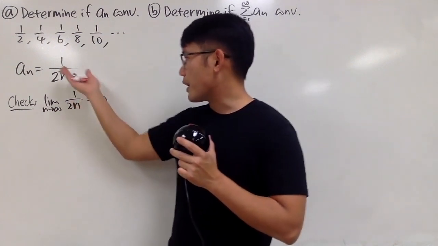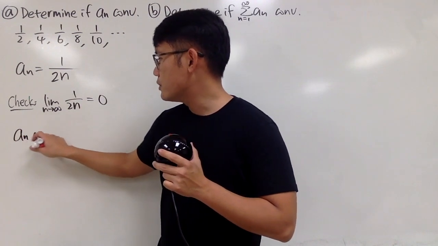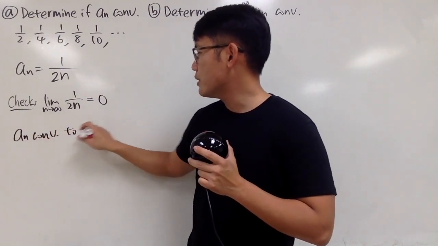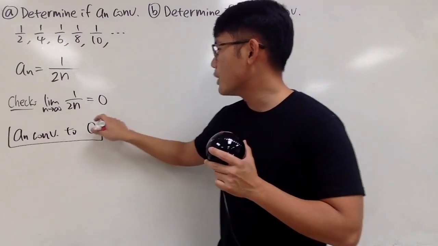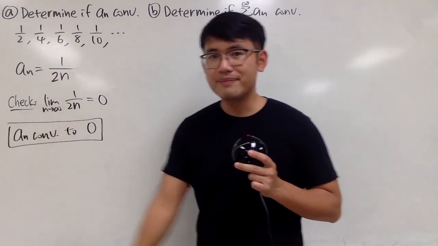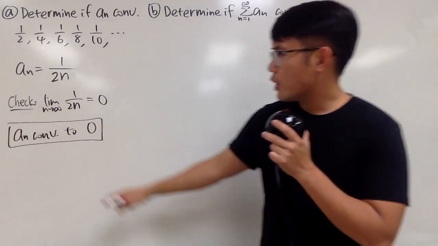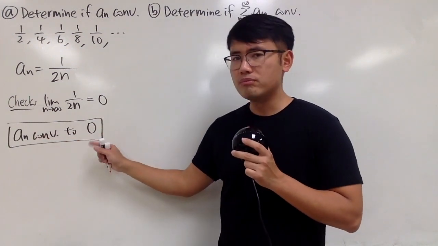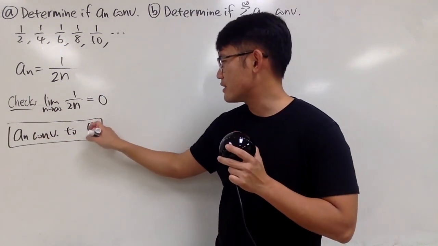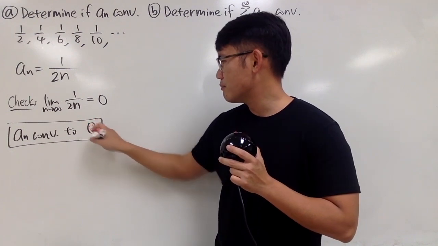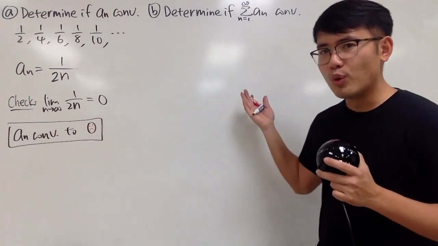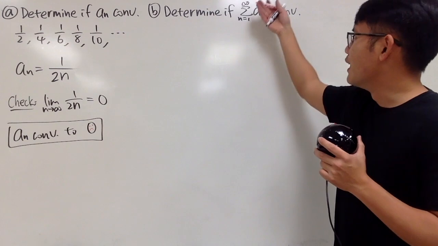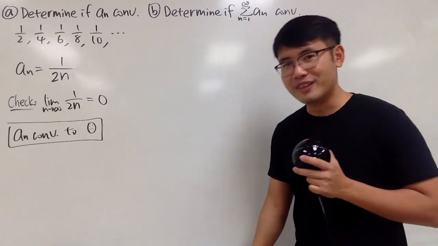Therefore an does converge, and it converges to 0. But unfortunately, when an converges to 0, this is technically a sad face, because we will have to do more work to figure out if the series converges or not.